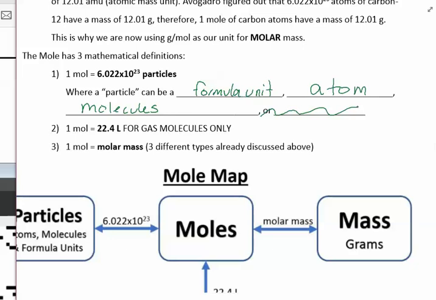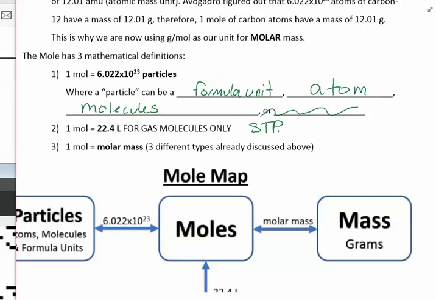So we can use this calculation: 1 mole is equal to 22.4 liters. A key point here is that this is for STP, which stands for standard temperature and pressure. We haven't really talked about pressure and temperature of gases, but they can have a big impact. That's something we're going to talk about in a couple of units.